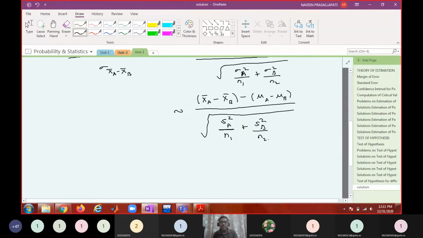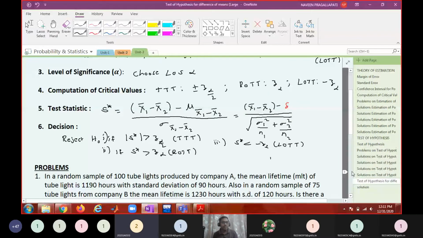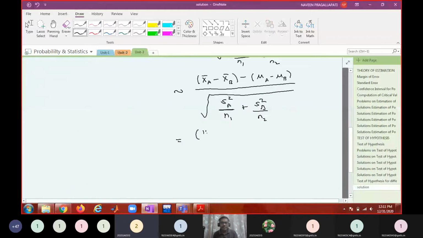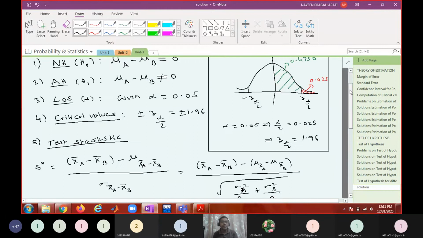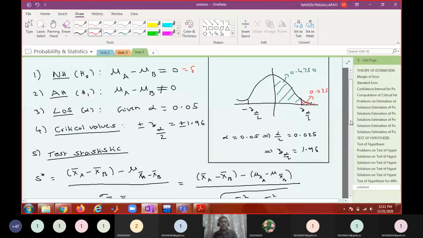Now you simply substitute the values. What is the first sample mean? 1190. 1190 minus 1230. Minus what is mu A minus mu B? We are supposing it is 0, delta 0.